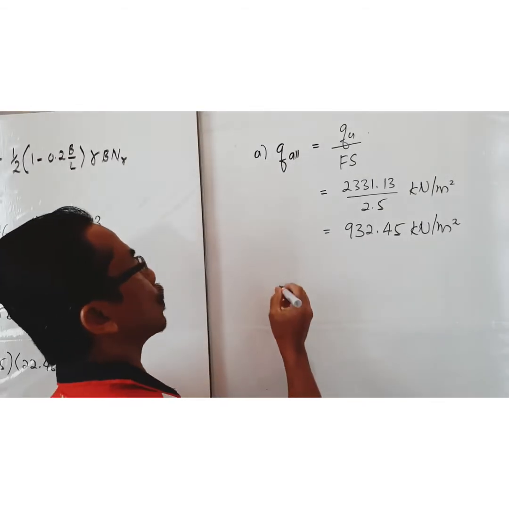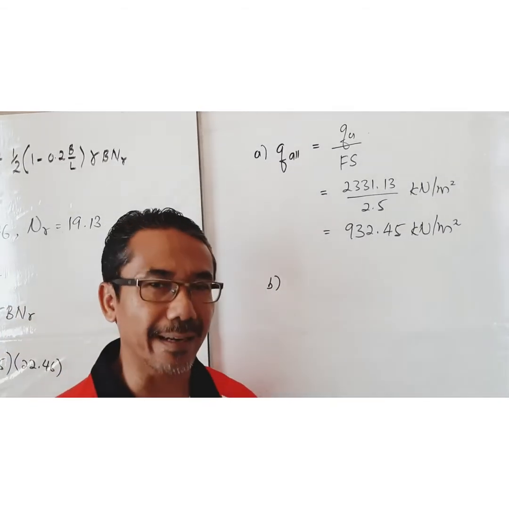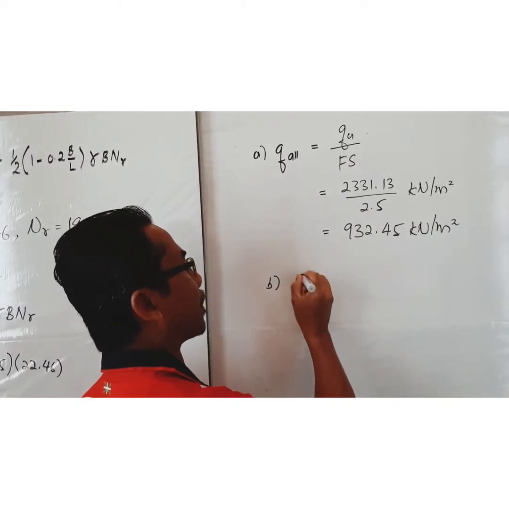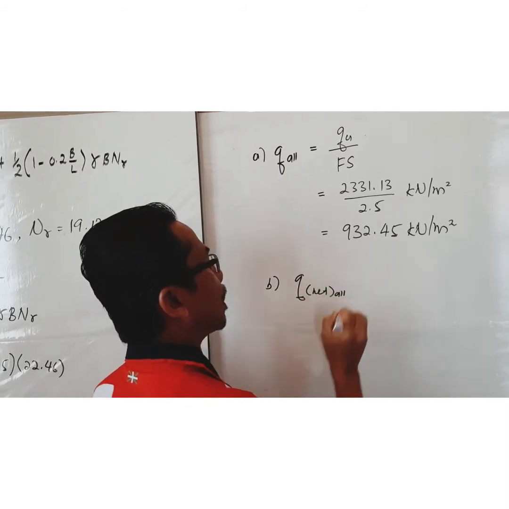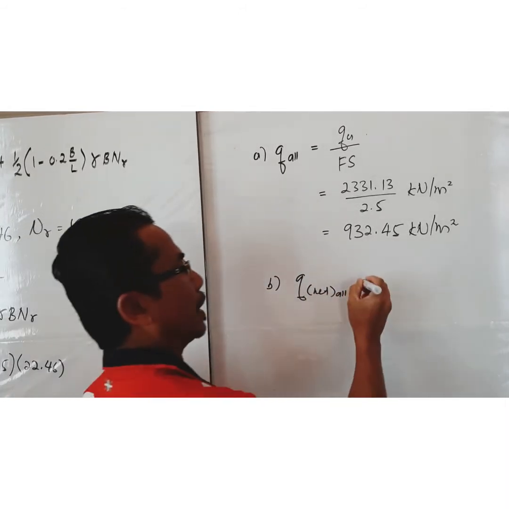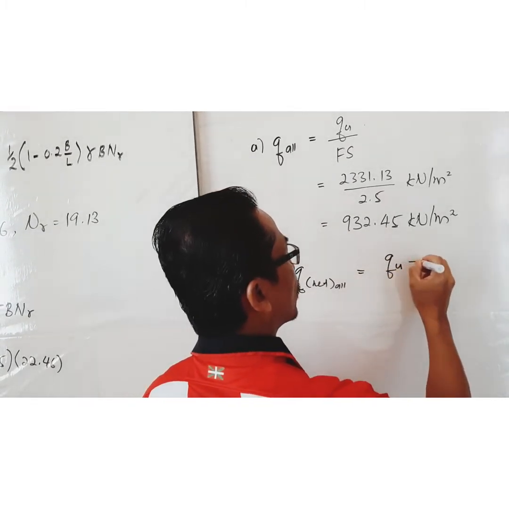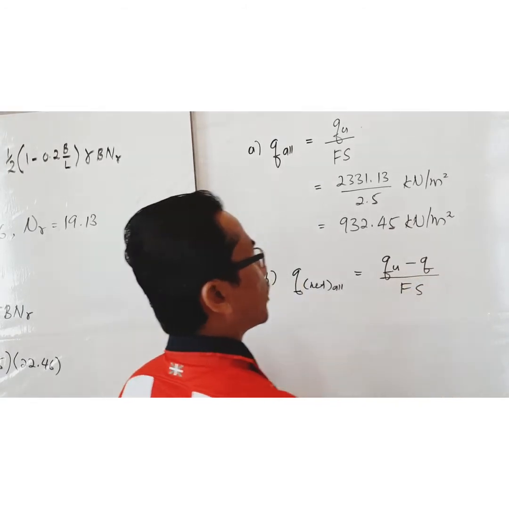Okay, let's move on to B to calculate the net allowable bearing capacity. Net allowable bearing capacity, q sub net all, equals q sub U minus q, divided by the safety factor.